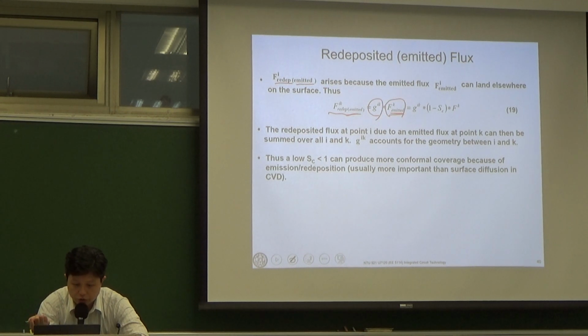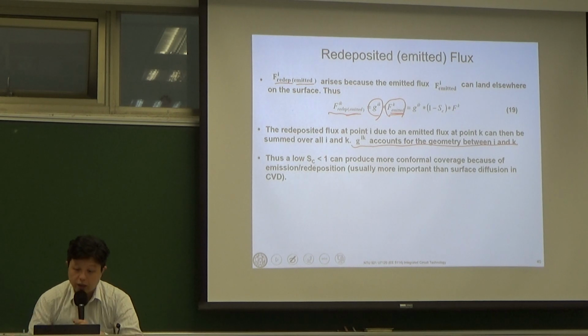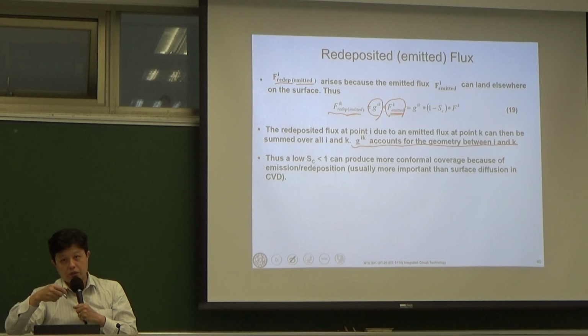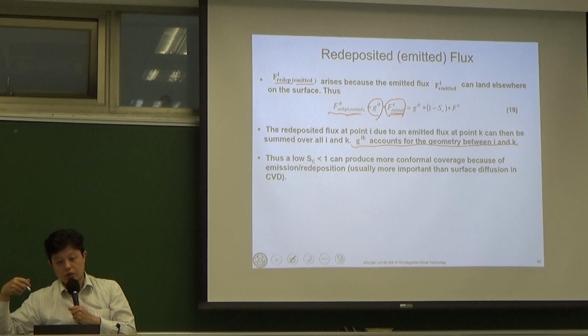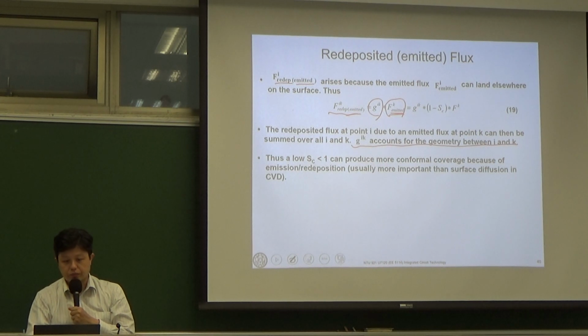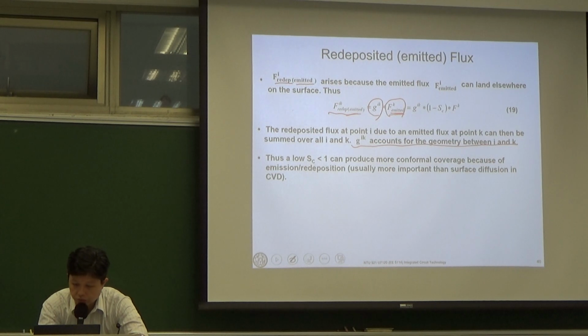Now we multiply by the coefficient G, which accounts for the geometry between i and k, where k is the emitting position and i is the redeposit position. So 1 minus S_C times F_k is the F emitted, and now we multiply by this G coefficient.